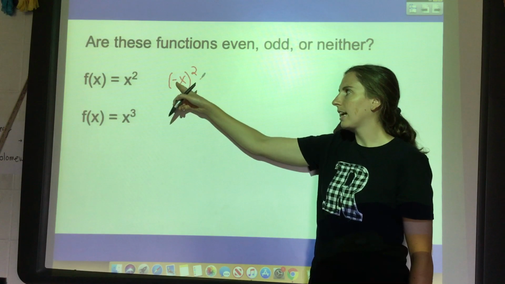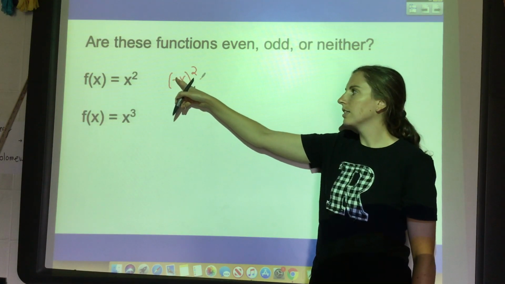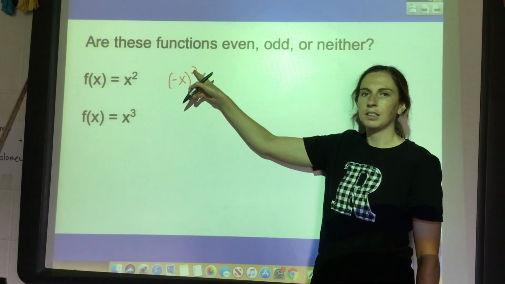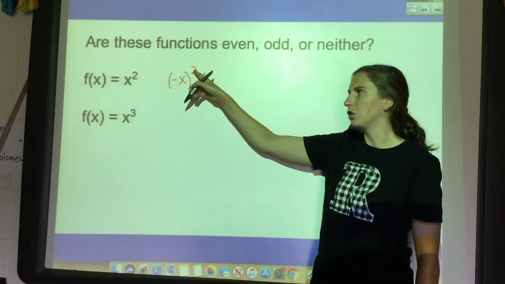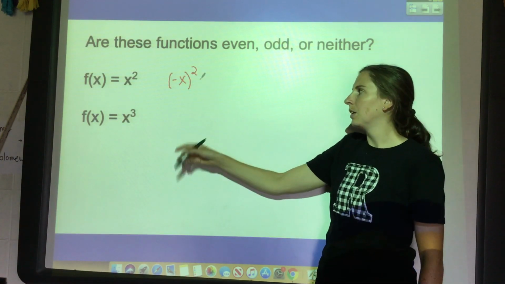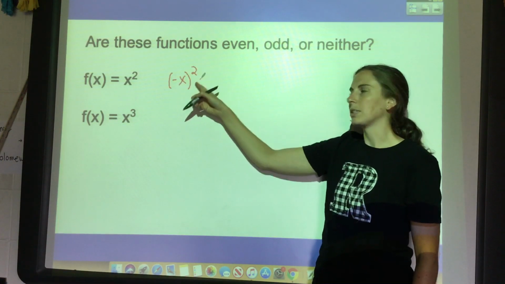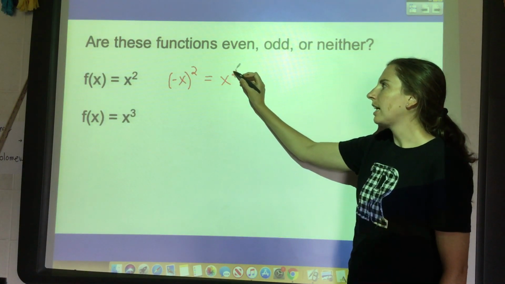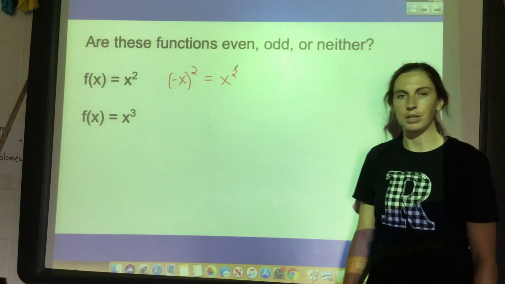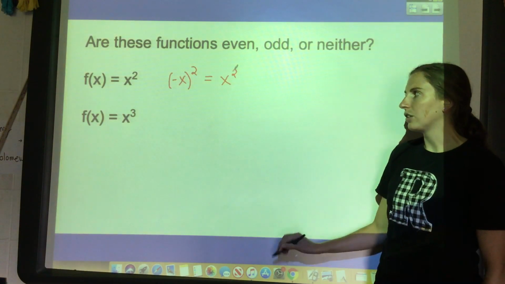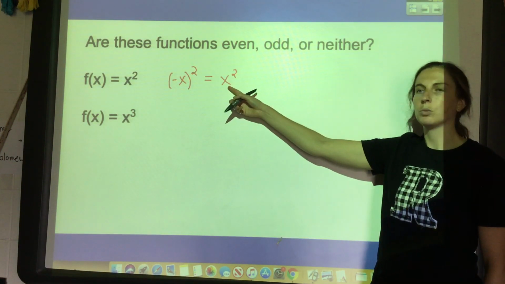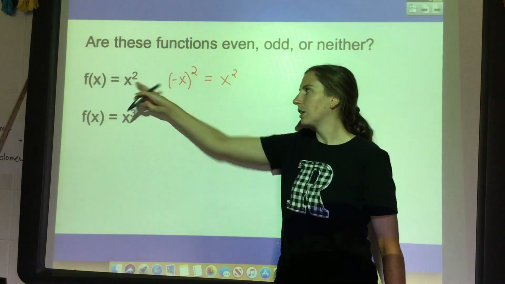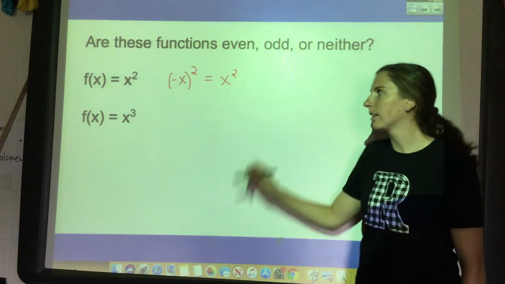Think of this as like a -1 here. What is -1 squared? -1 times -1 is just 1. Or think of it as -x times -x would give you positive x squared. Either way, the negative goes away when you simplify that, and you get just plain old x squared, which proves that it's even. We got back to what we started with.